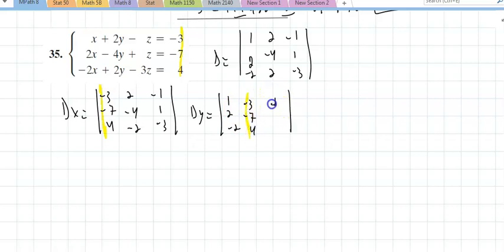And since this is a 3 by 3, you could use the shortcut if you want. Make sure you have it memorized.